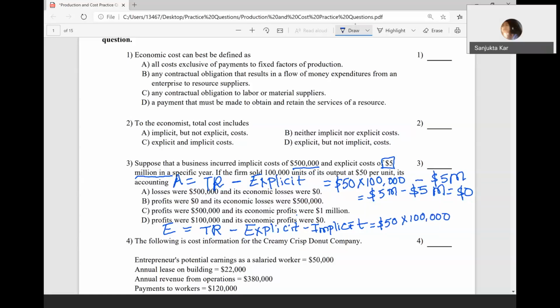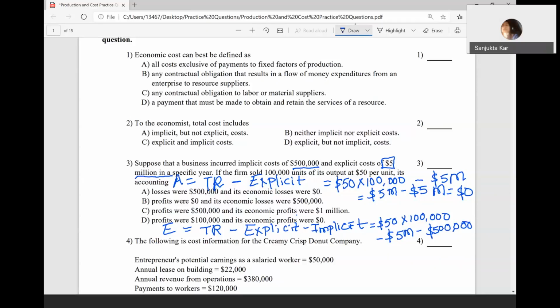Now, the economic profit is again that total revenue, which is 50 times 100,000. From that, I take off the explicit cost of production, which is 5 million, as well as the implicit cost of production, which is equal to 500,000.